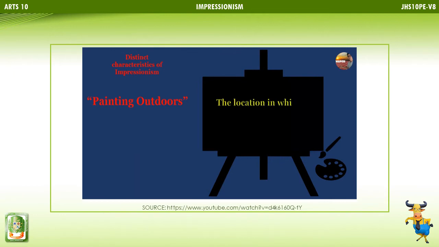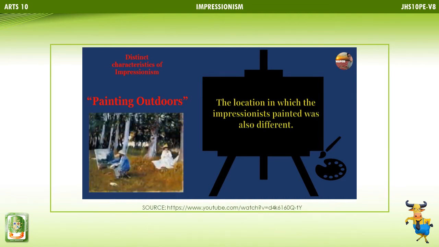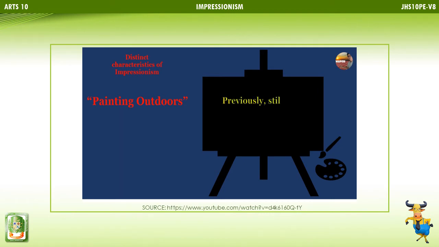The location in which the Impressionists painted was also different. Previously, still lifes, portraits, and landscapes were usually painted inside a studio.